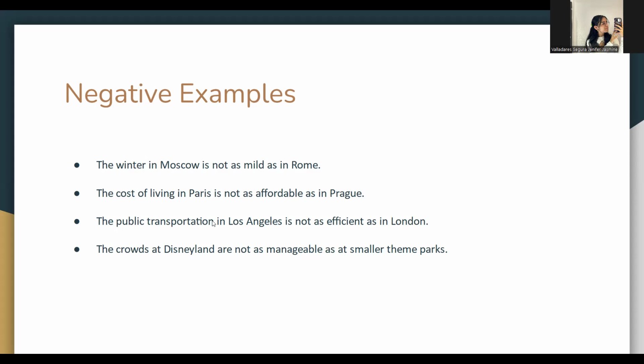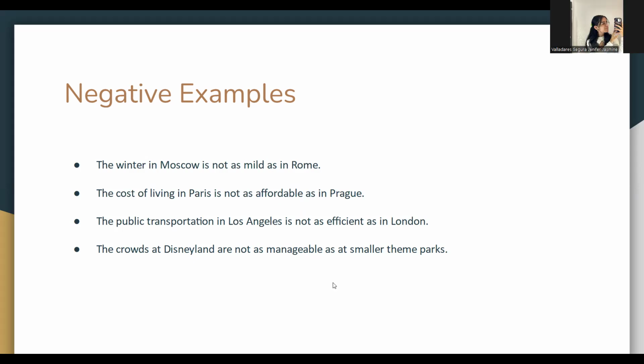The public transportation in Los Angeles is not as effective as in London. The crowds at Disneyland is not as manageable as at smaller theme parks. Good, my dear Jenny.